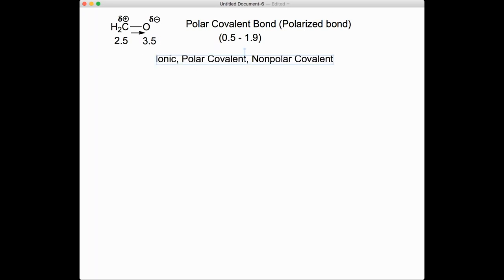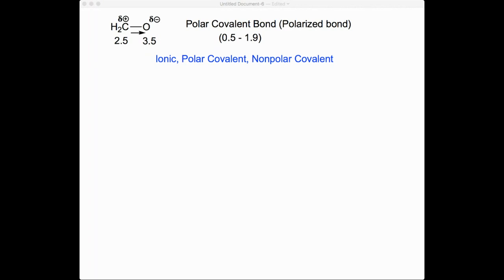Okay. And now you know that you can classify the bonding. This classification comes from where? From the difference in electronegativity between the atoms forming that bonding. All right. With that information, now, when you look at a molecule, you should be able to tell exactly what kind of bond you have in that molecule.